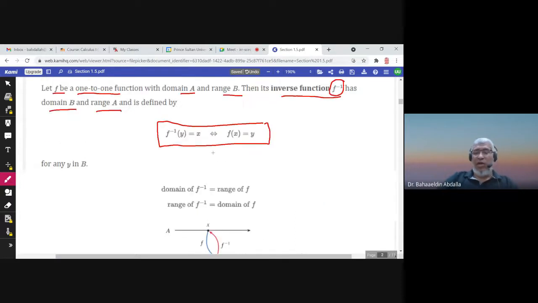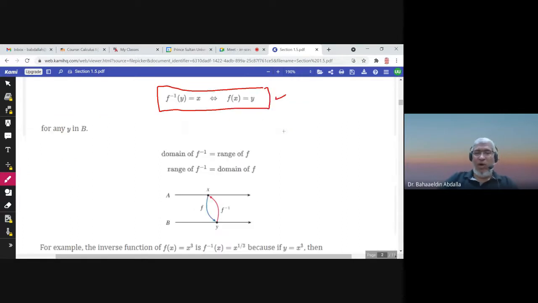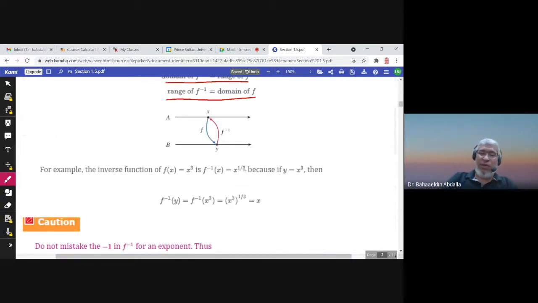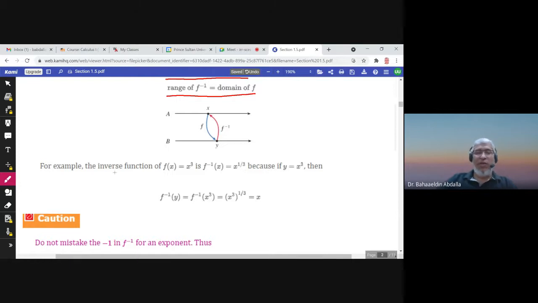So f of x equals y means f inverse of y equals x. That's the definition of the inverse function for any y. So the domain of f inverse would be the range of f, and the range of f inverse would be the domain of f.